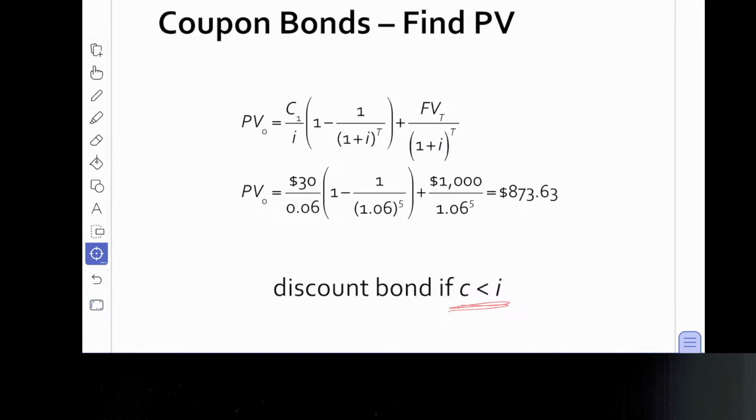You'd get some sort of profit because you could buy it and then sell it to people for $873.63. You'd have an arbitrage profit of doing that. And we'll talk more about why we use this number rather than other numbers when we talk about efficient markets and the efficient market hypothesis. So this is the most you'd be willing to pay for this deal.